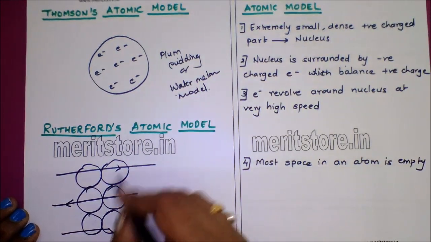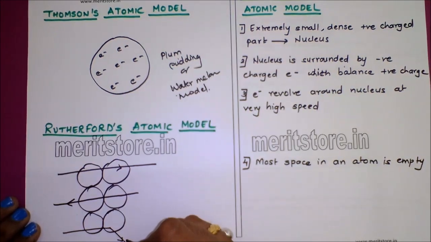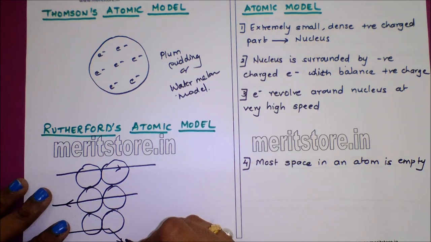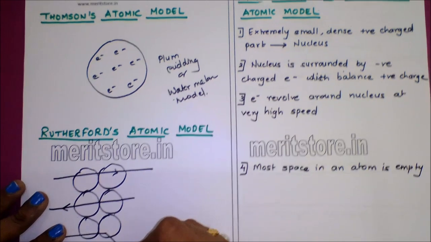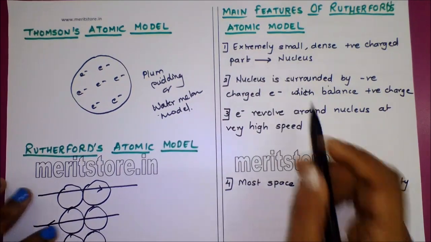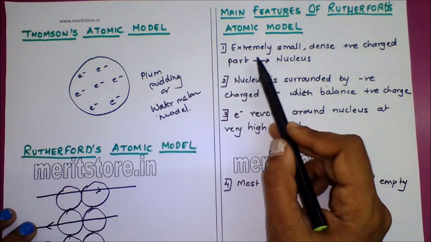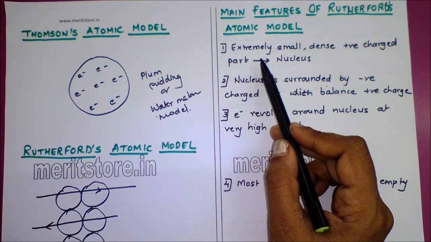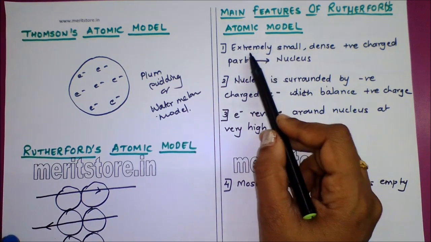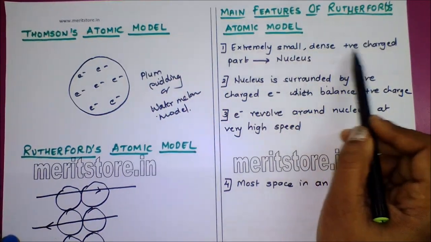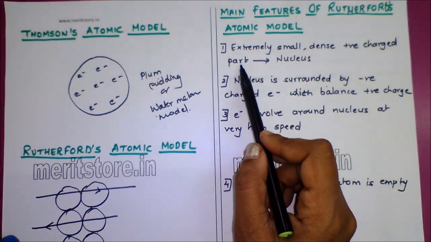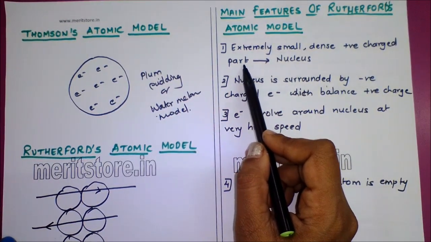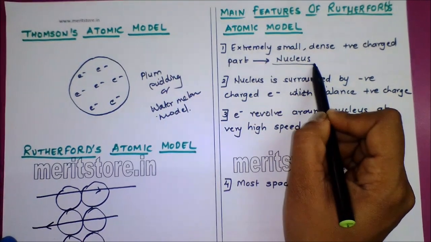On the basis of all these observations, some of the main features of Rutherford's atomic model have been put forward. First of all, some of the radiations got deflected at an angle of 180 because an extremely small and dense positively charged particle is present in the middle of the atom, which we call the nucleus.